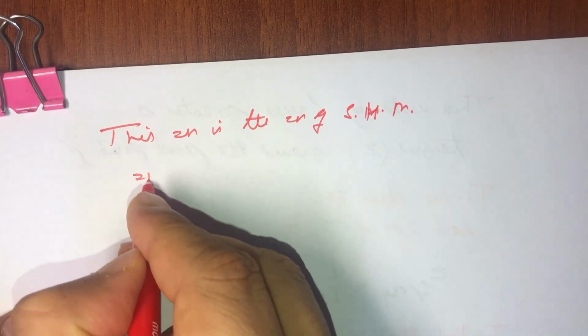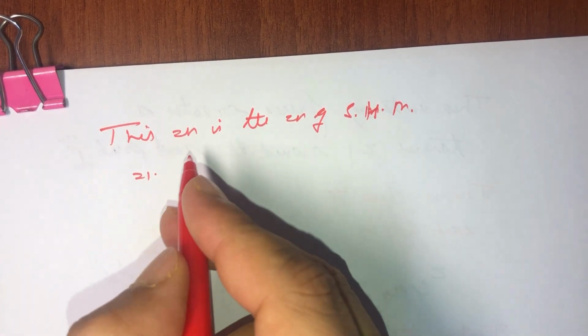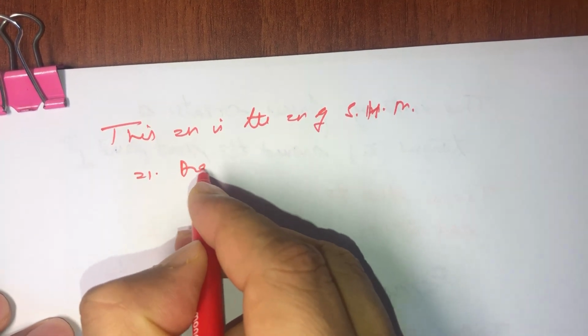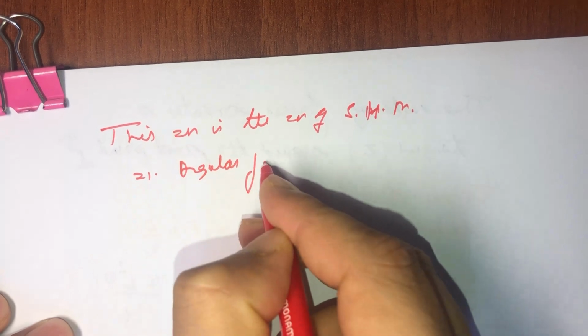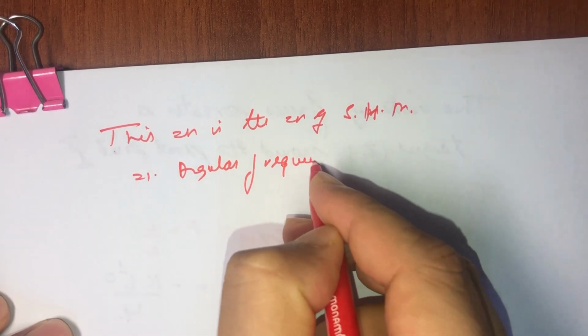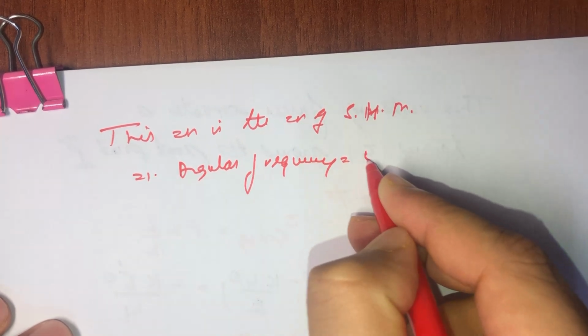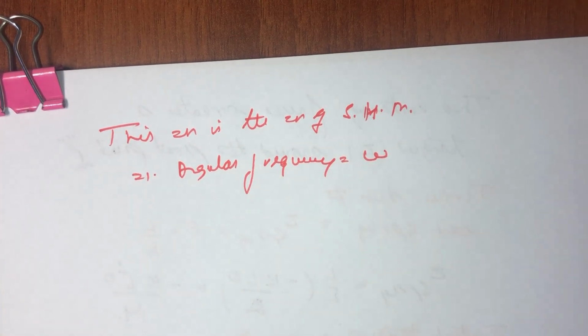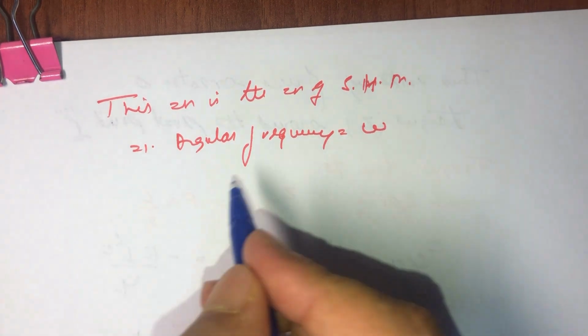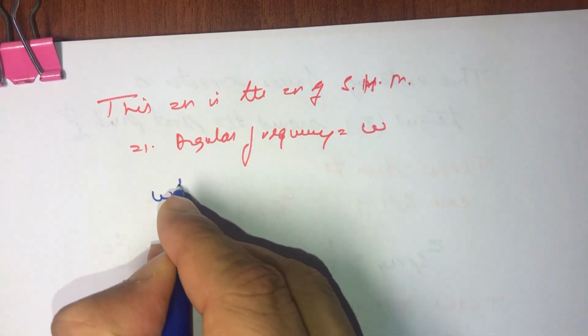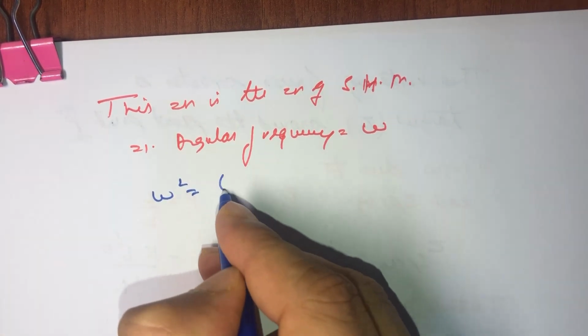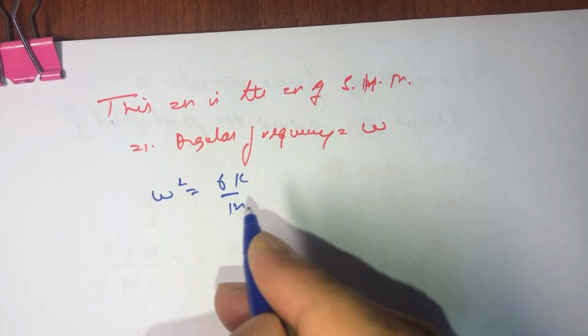Therefore, we can say the angular frequency, which is given as omega, satisfies omega square is equal to 6k divided by m.